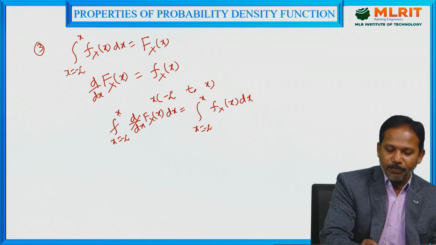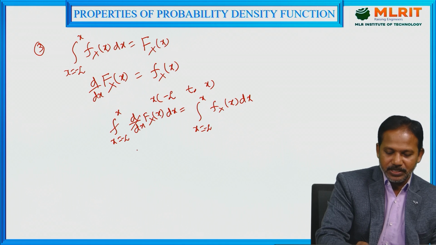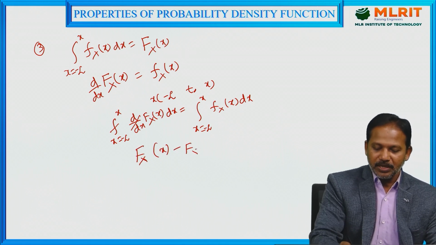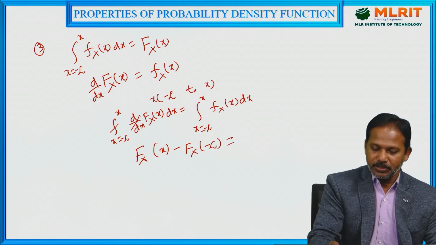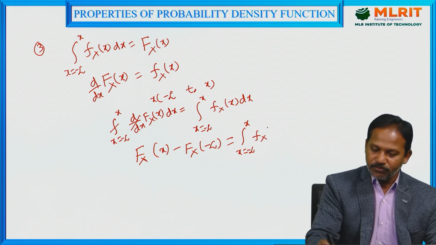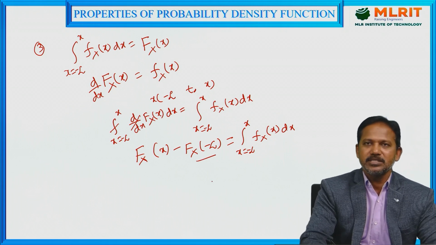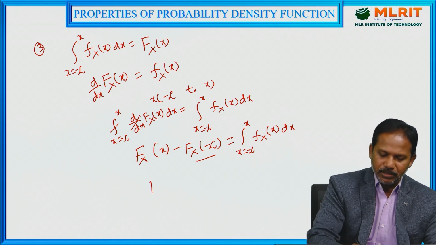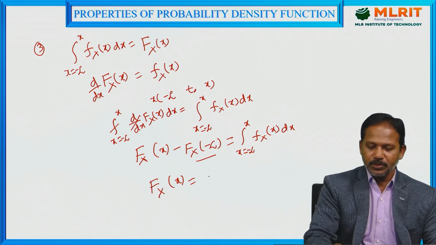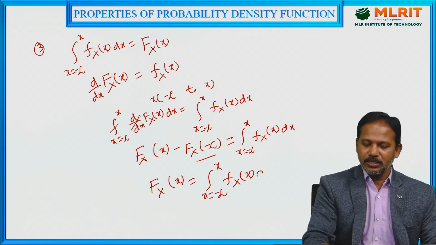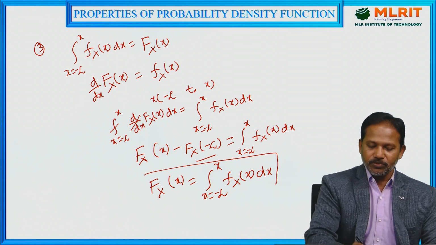Now I substitute the upper limit and lower limit, that is capital F_X of x minus capital F_X of minus infinity is equal to the integral from minus infinity to x of small f_X of x dx. We already know the property of the probability distribution function, that capital F_X of minus infinity is always 0. So we can write capital F_X of x is equal to the integral from minus infinity to x of small f_X of x dx. So this is the proof of the third property.